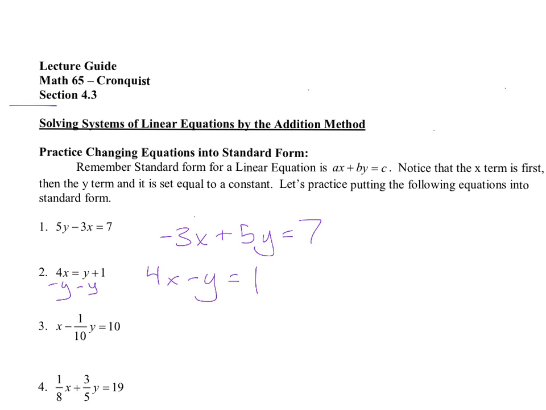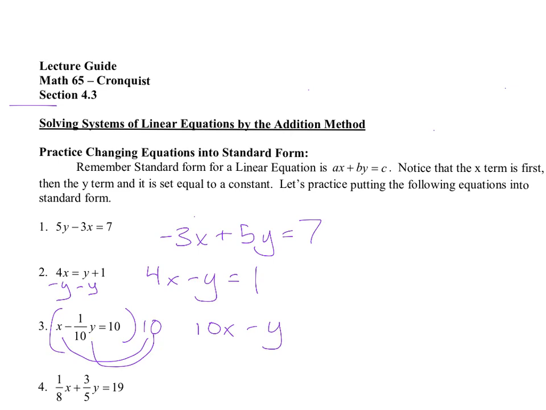For number 3 here, we want no fractions. So what we're going to do is multiply everything by 10. And that's going to get rid of the denominator, the 1/10. When I do that, I'm going to get 10x minus y, because 1/10 times 10 is 1.